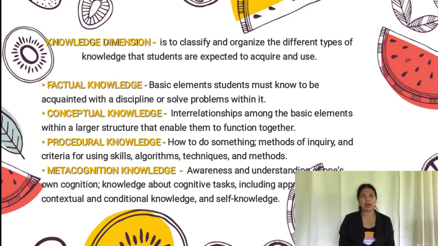The goal of factual knowledge is to ensure that students have the necessary foundational information such as terminology and specific facts. So it ensures that, just like, they recall their stock knowledge. That is the factual knowledge.